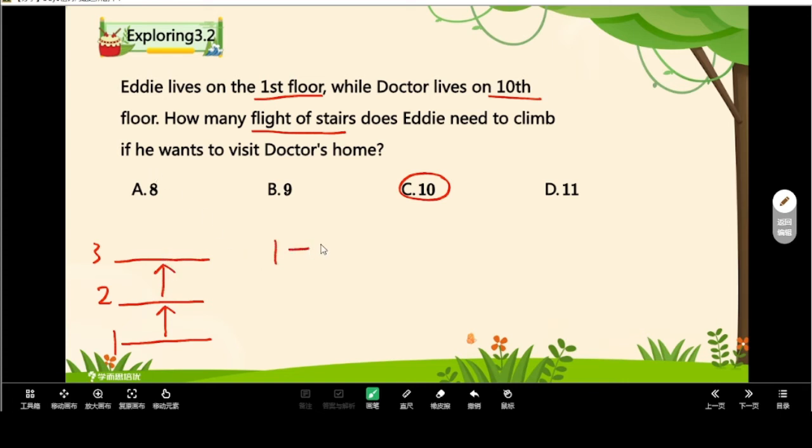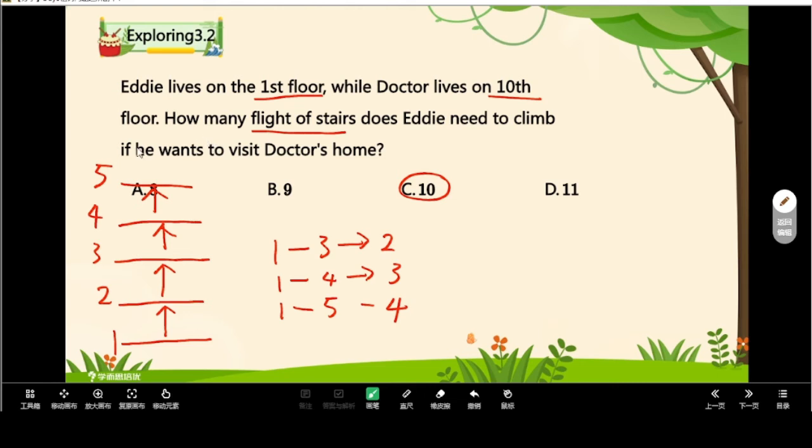From the first floor to the third floor, Eddie goes up 2 flights of stairs, right? And if he continues to the 4th floor, there are 3 flights of stairs. And if he continues to the 5th floor, how many flights of stairs? 4 flights of stairs. Let's write it down.